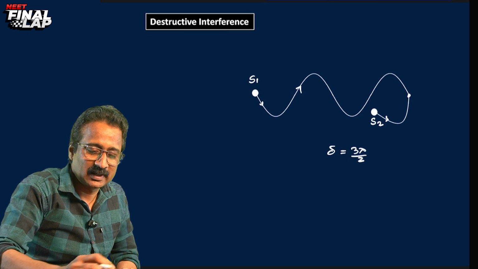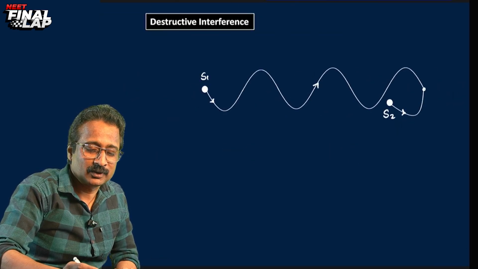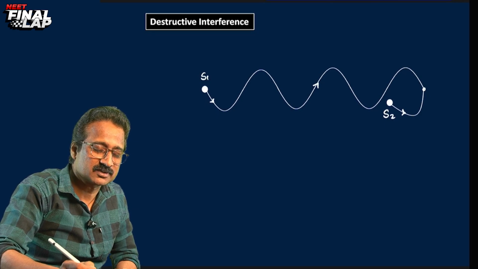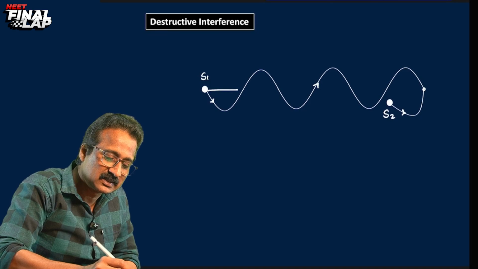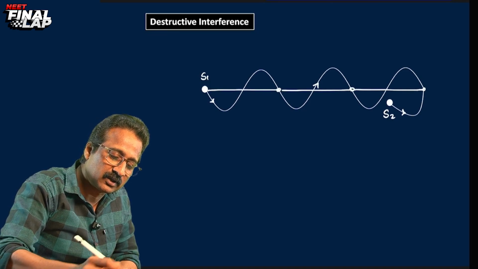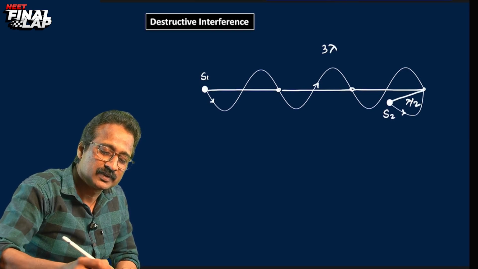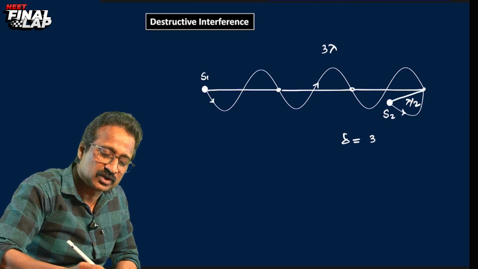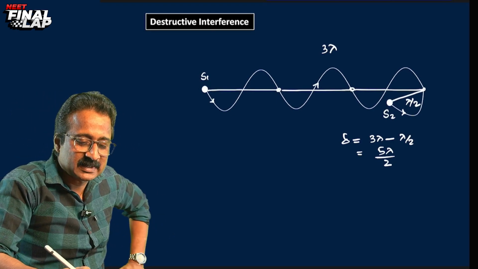So in this way, depending upon the path difference, if it is an odd multiple of lambda by 2, the interference becomes destructive. Here is a case where the path difference is 5 lambda by 2. Look at this. This distance is 1 lambda, another 1 lambda, so 2 lambda. Totally it is 3 lambda now. And this distance is just lambda by 2. The path difference del is equal to 3 lambda minus lambda by 2, which is going to be 5 lambda by 2. So for that path difference also, an interference of this kind will take place.